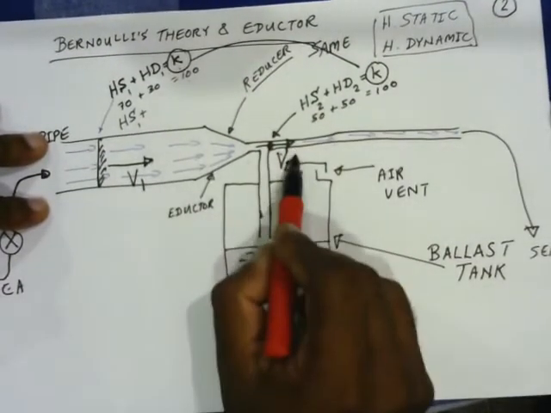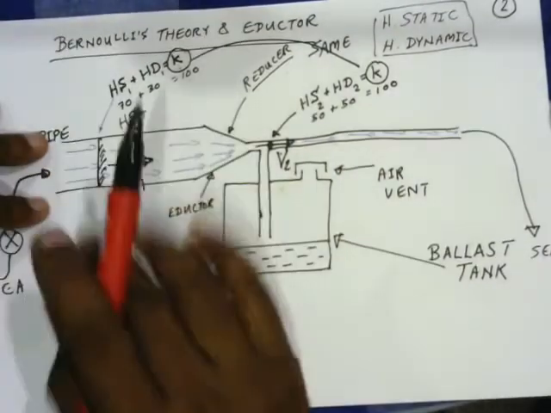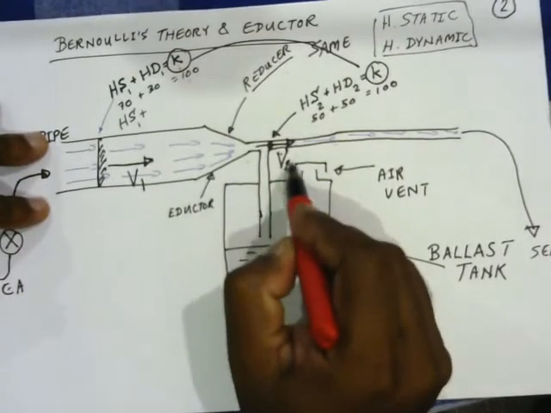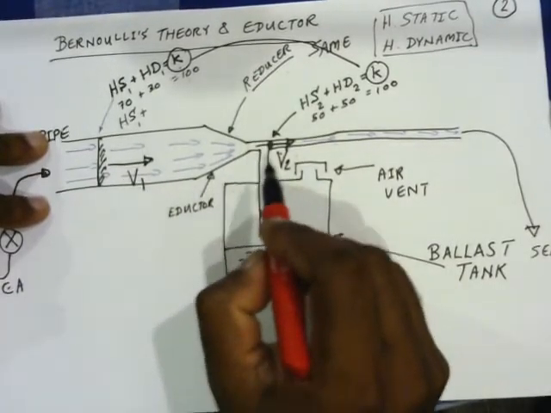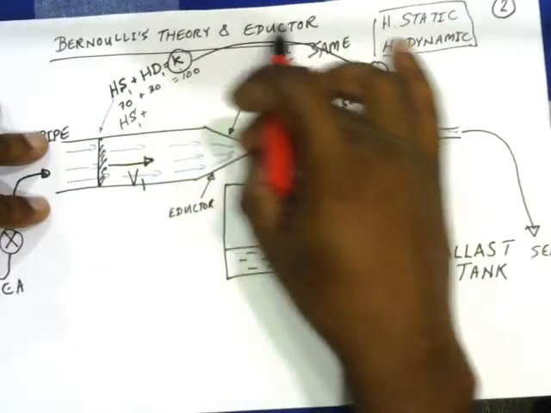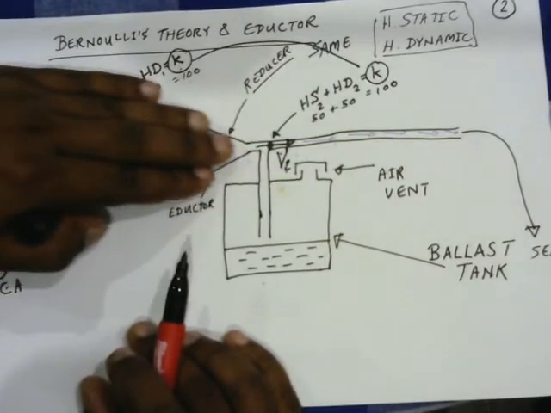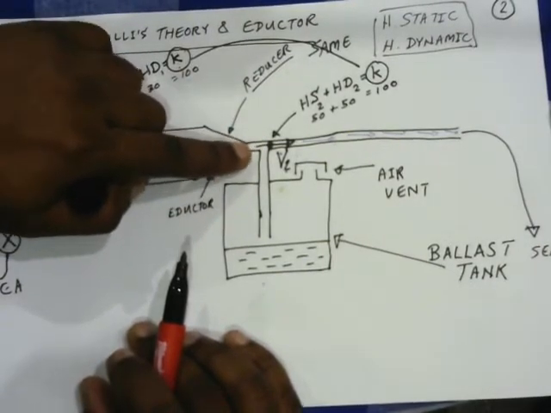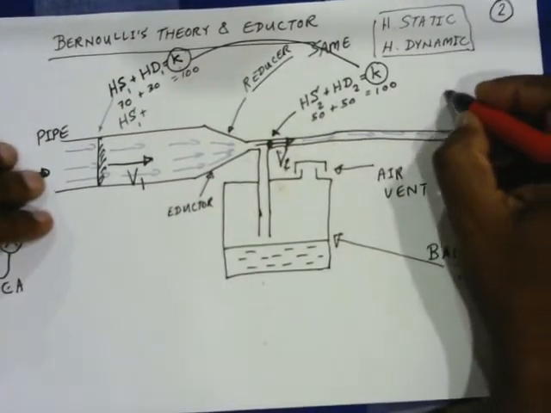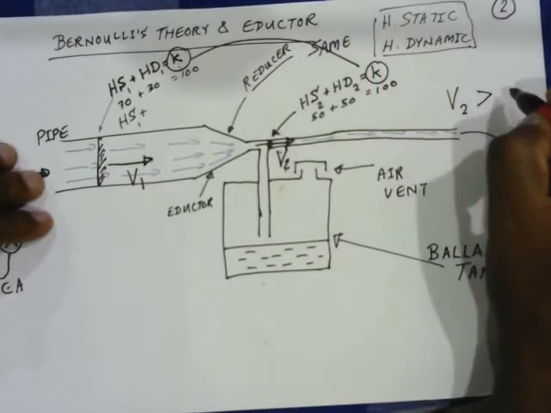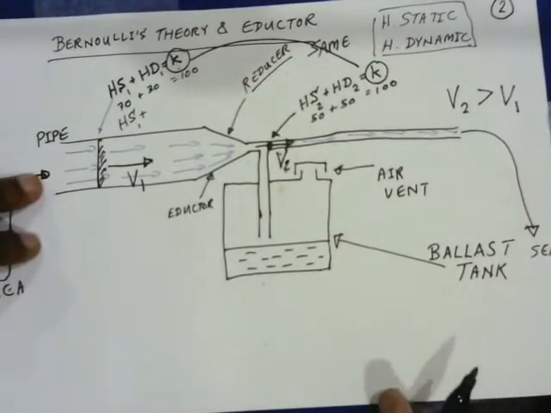These two are not going to be the same, because when the water is squeezed in and pushed, the velocity is definitely going to increase. v1 is less than v2. When this water column is getting squeezed in and pushed, the velocity should increase. So v2 is more than v1.